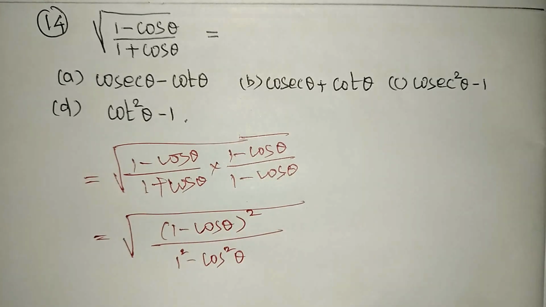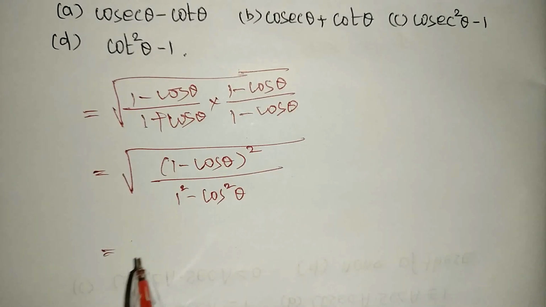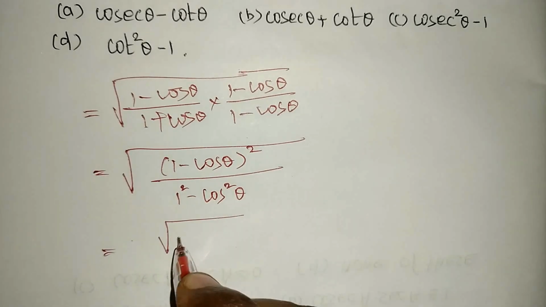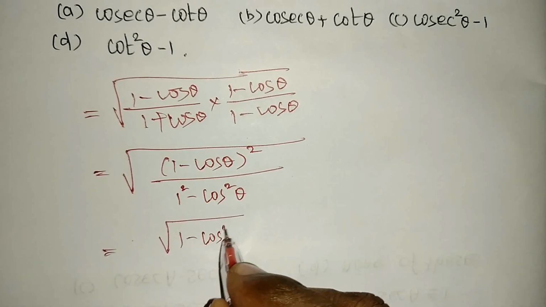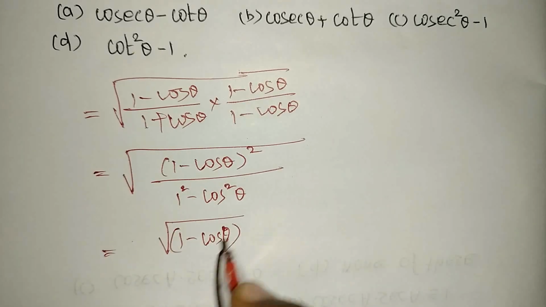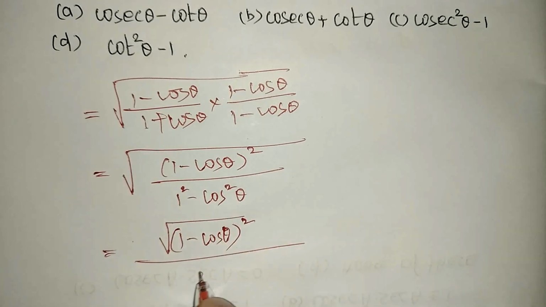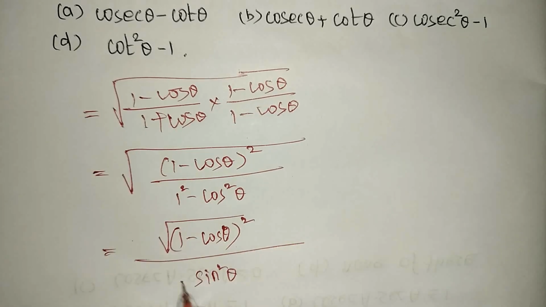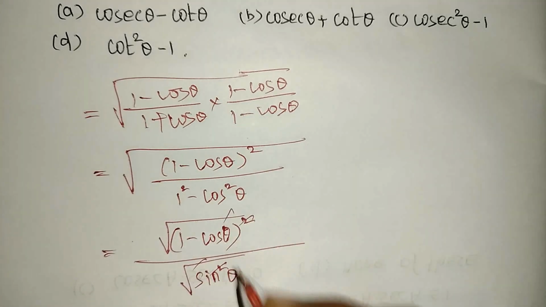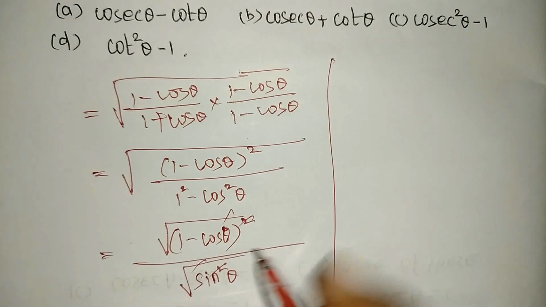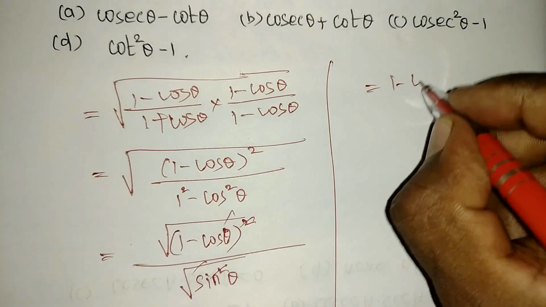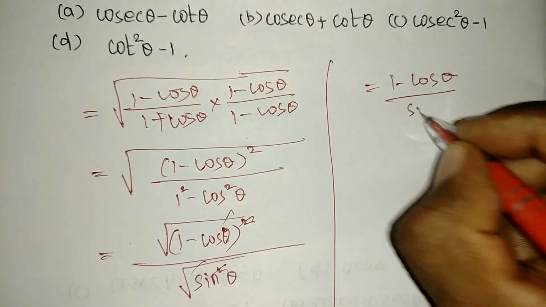Okay, right. Now see, the numerator root is common for both, so I'm writing separately. 1 minus cos square, which is equal to, we know, sin square, so I'm writing like this. Root will be cancelled. Then I have here 1 minus cos theta whole divided by sin theta.